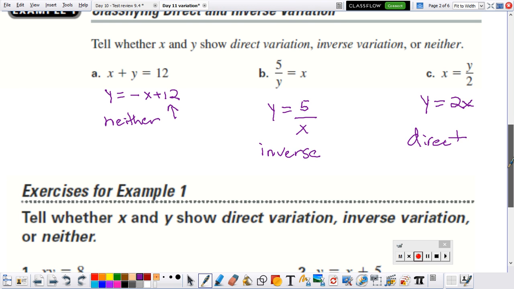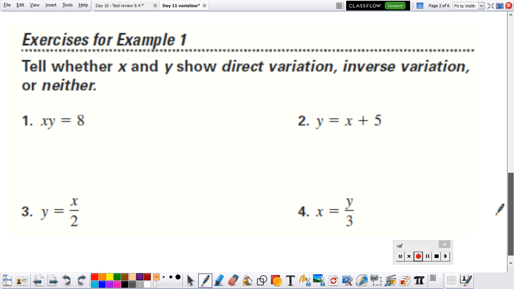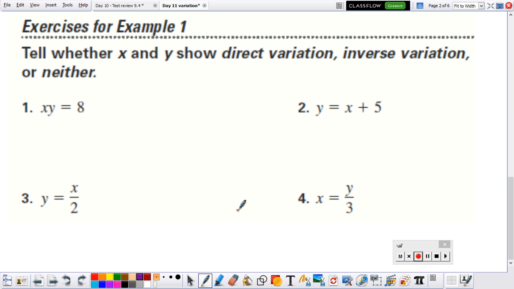Okay. So I've got a few more. Go ahead, pause the video and see if you can get these four. All right, number one is y equals, if you solve it for y, 8 divided by x. That's going to be inverse. Number 2 is already solved and it's got that pesky x, so that's going to be none, or neither. Number 3 is already kind of written in y equals form, 1/2 x.